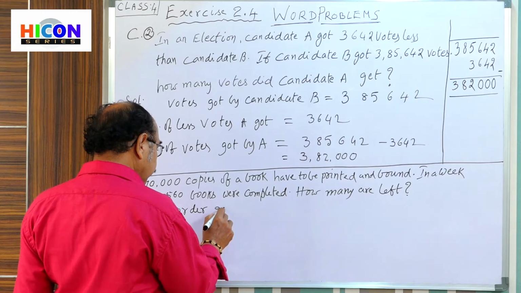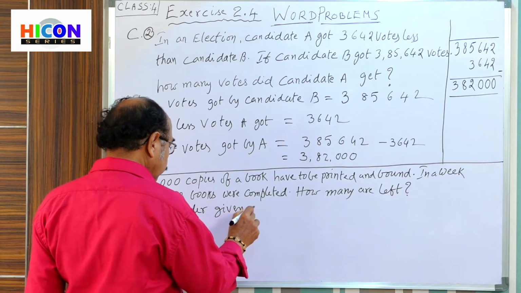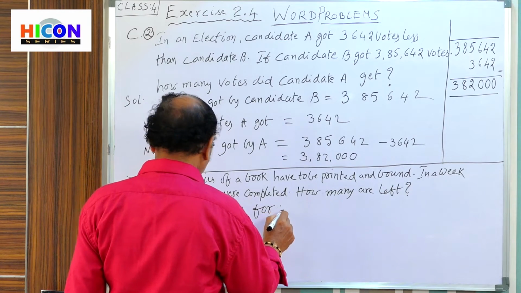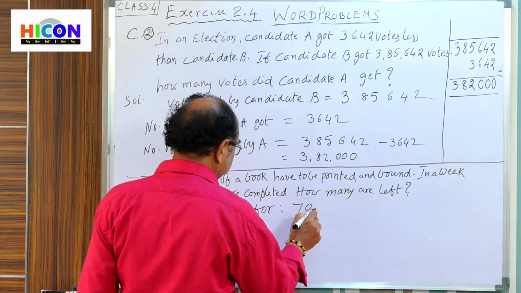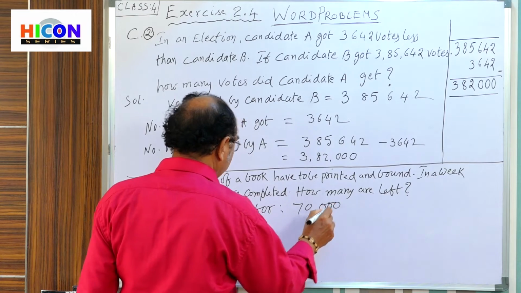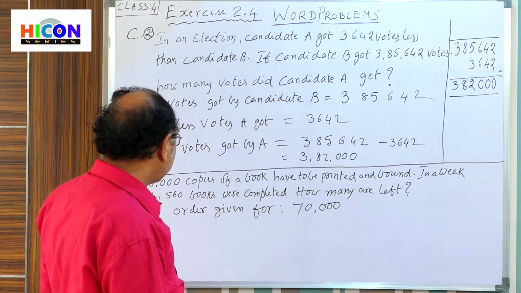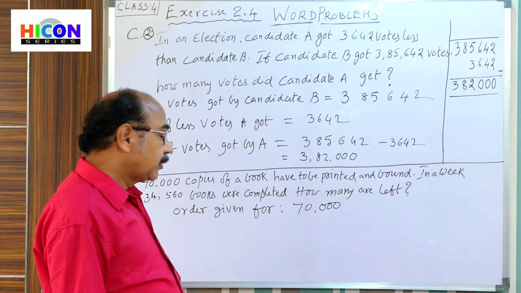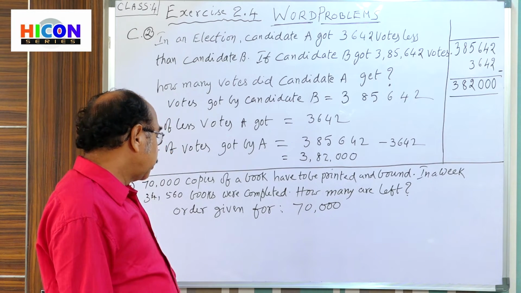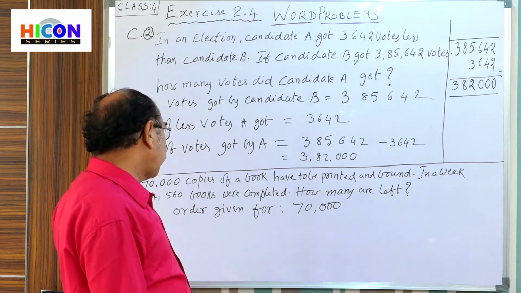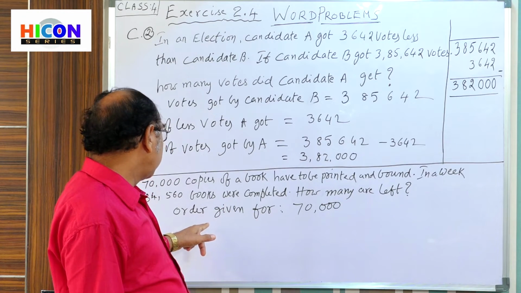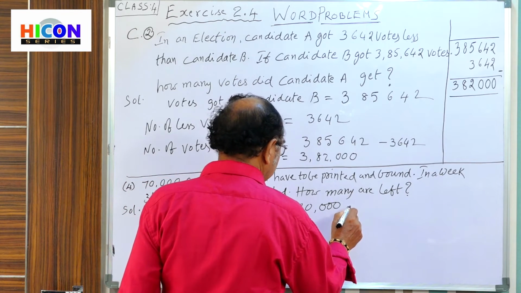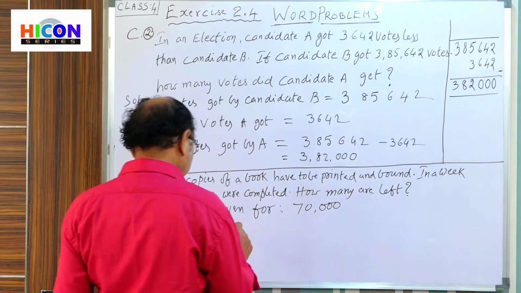Order given for 70,000. 70,000 copies have to be printed. Okay, this much of copies were ordered.